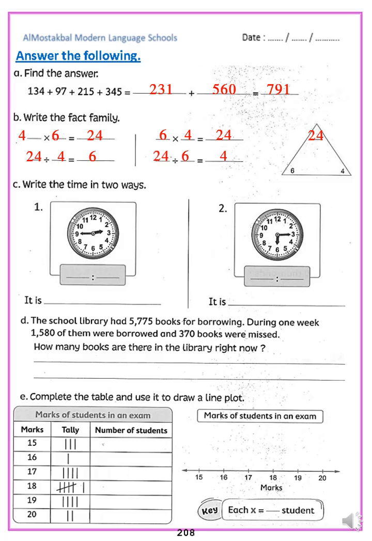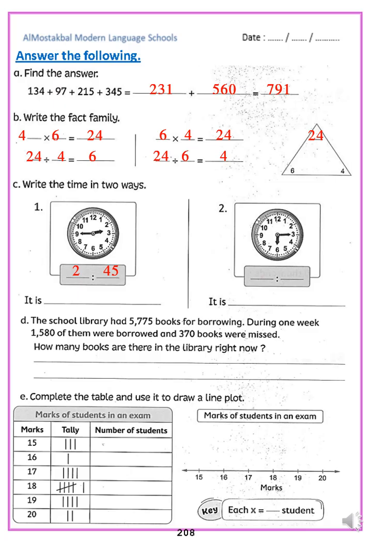Write the time in two ways. The short hand is between 2 and 3, and the long hand points to 9. So the time is 2:45. The next, the short hand points to 6, and the long hand points to 3.